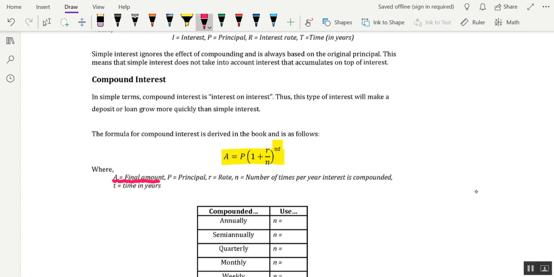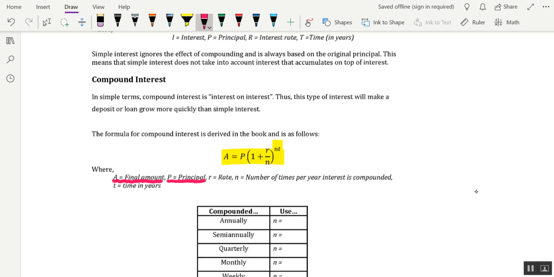So what this formula does is it helps us figure out how much would be owed at the end of a loan, for instance. If you take out a loan and the interest is compounded, or in other words, compound interest is being used, this would give us an idea of how much we owe at the end of the loan. P stands for the principal, which is the starting amount.